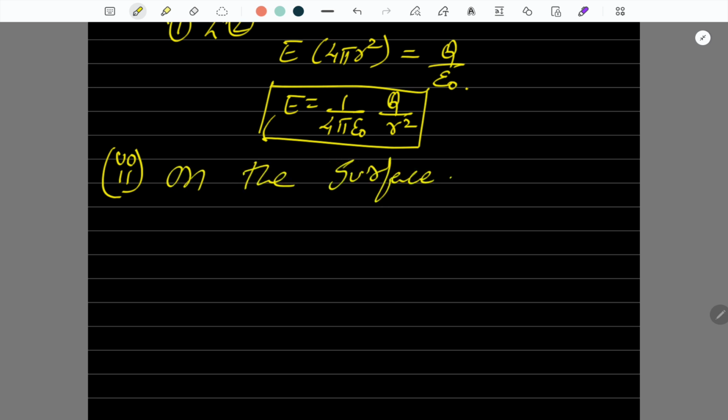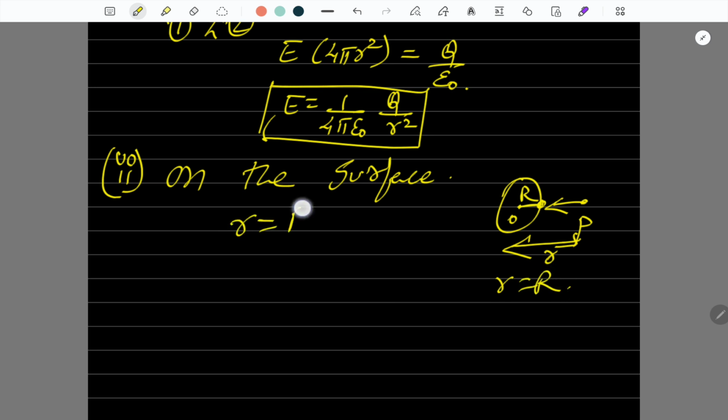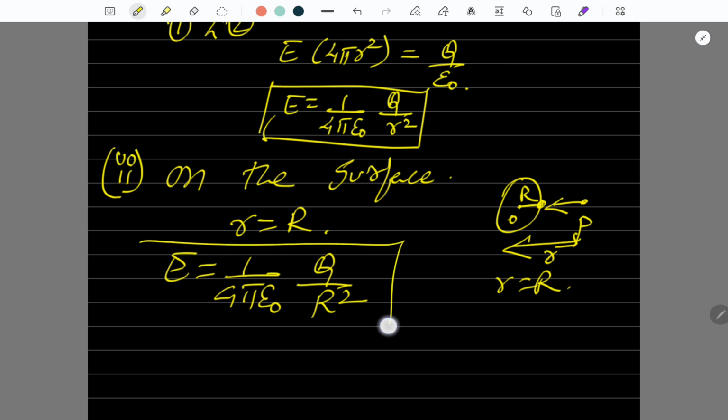Our figure had point P here and center here. Earlier small r went outside, so center to circumference is capital R. When you bring point P to the surface, small r will be equal to capital R. You need not solve everything, you just rewrite the expression as Q by capital R square this time.